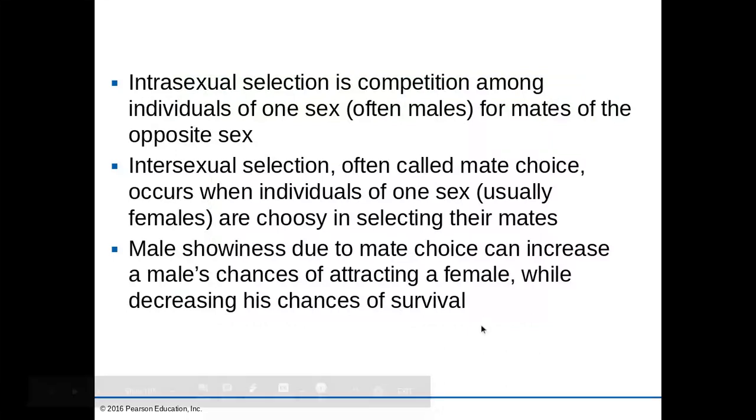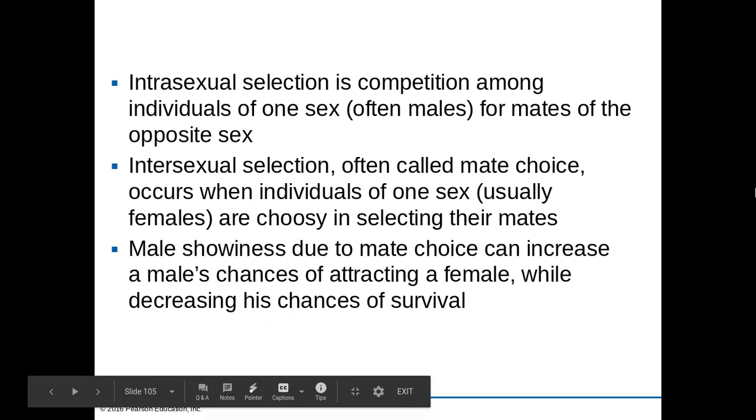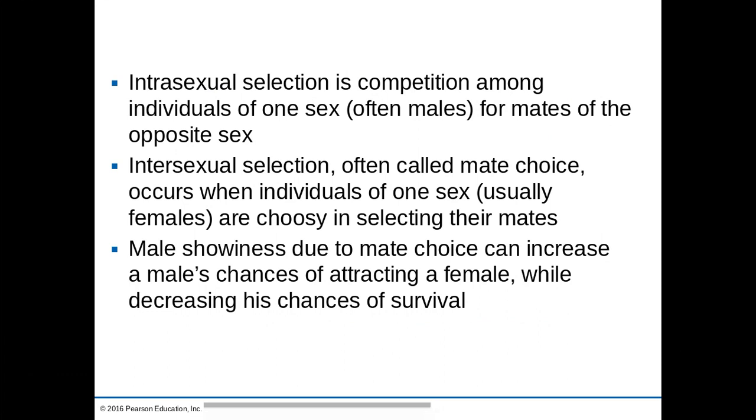And then intersexual selection occurs. This is called mate choice. That's when individuals of one sex, usually the females, are choosy in who they select to be their mate. So they're the ones that are choosing.